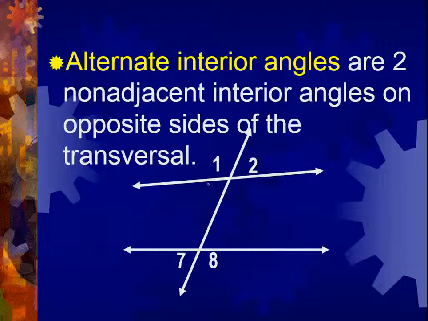So we got to be interior, we got to be inside here, and we got to be on opposite sides of the transversal. So if we're at angle 3, what angle is on the opposite side but still between those two lines? It is the angle that we call angle 6. So 3 and 6 are alternate interior angles.